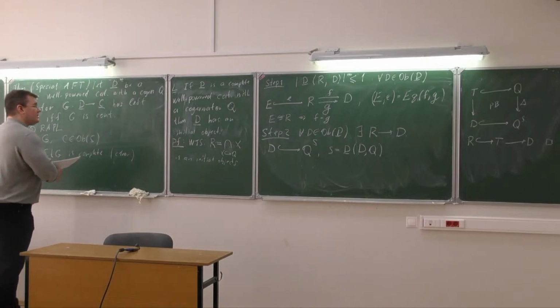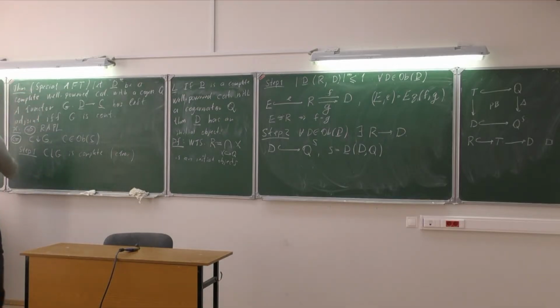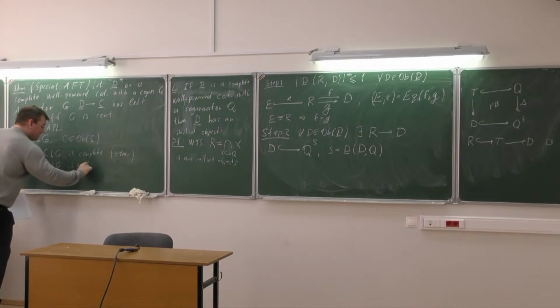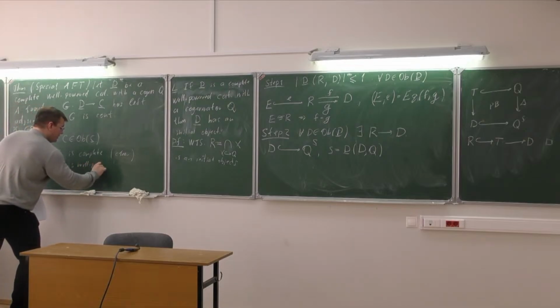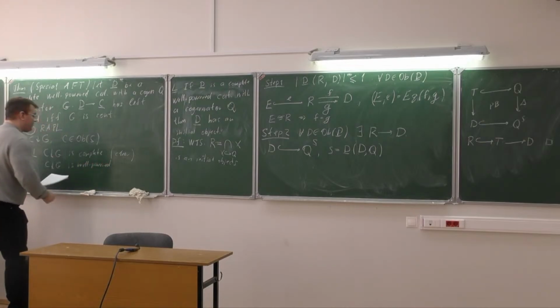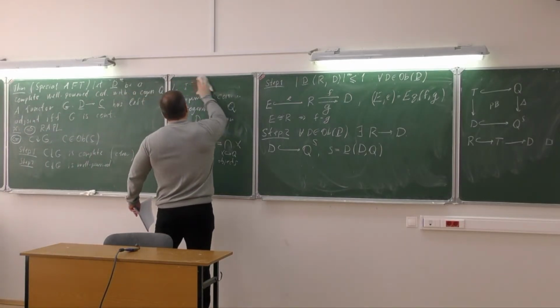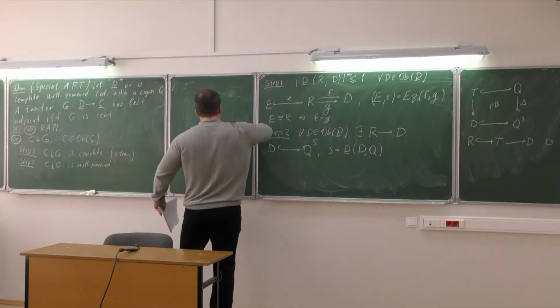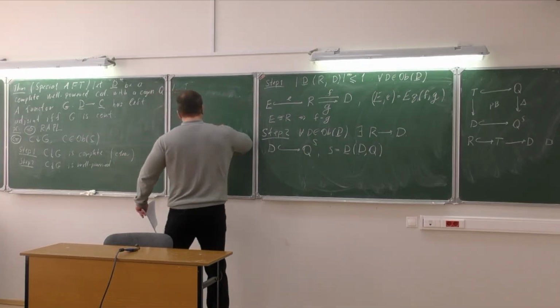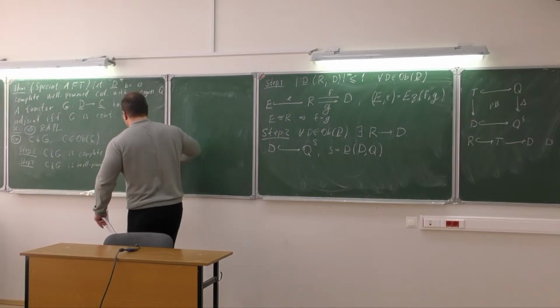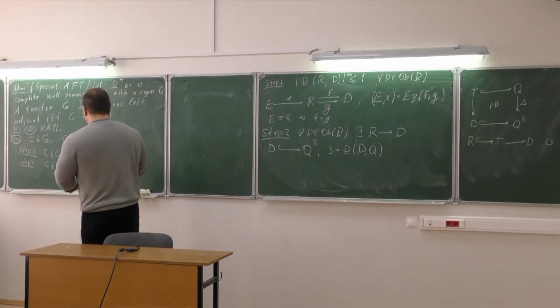Now what we need is step 2: you want to show that this comma category is well powered. And to do this, we will show a different statement, which immediately implies this one.